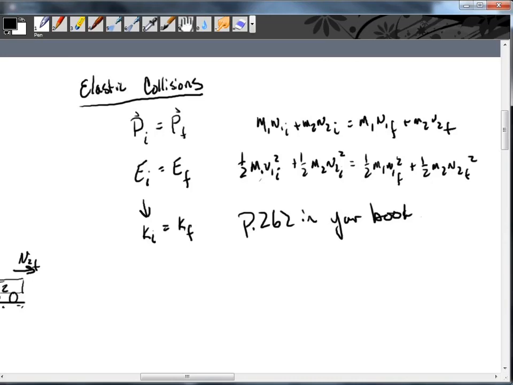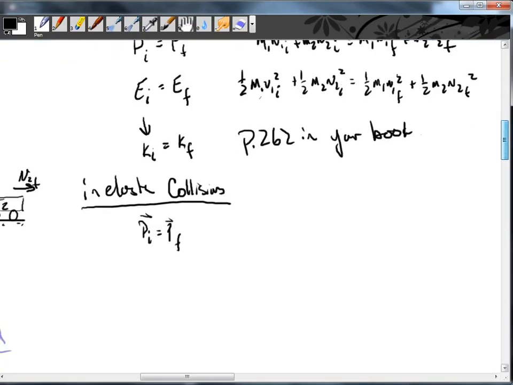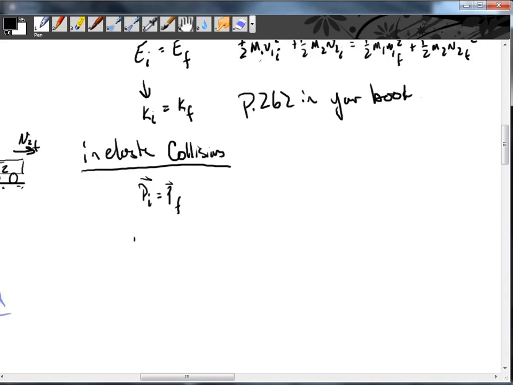Now, then we have inelastic collisions. Okay, our inelastic collisions give us the same thing. Pi equals Pf. However, our initial kinetic energy is greater than our final kinetic energy because somewhere along the line we lose some of our energy in the collision to internal heat, to friction, to something, to a crumple zone in a car.